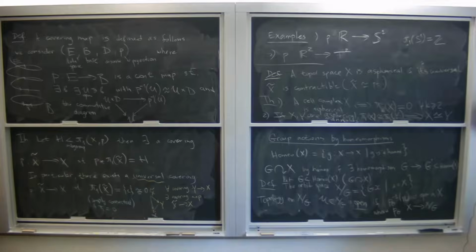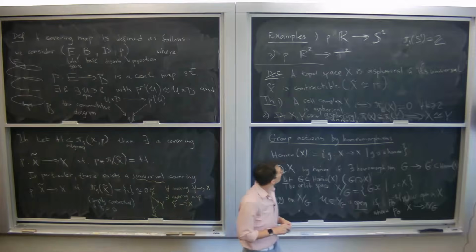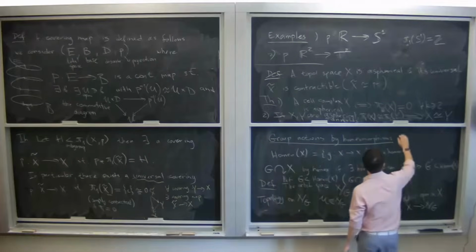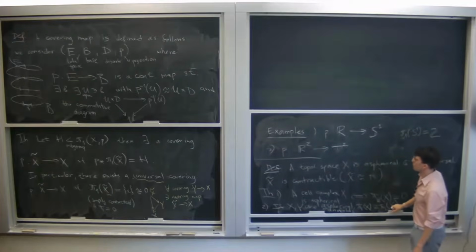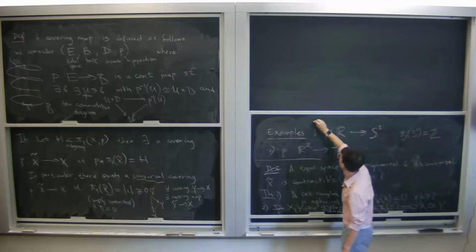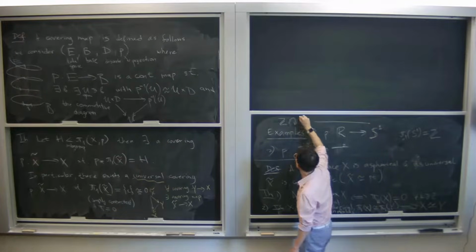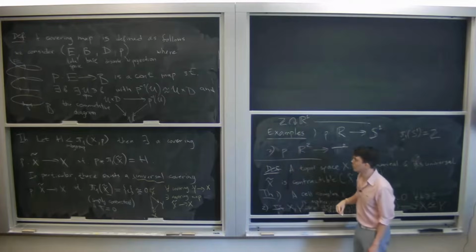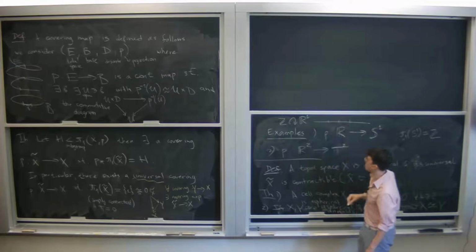Okay, again, one can, for example, check that in this example, we have the action of Z, as I wrote in the first lecture, on R1 by translations.